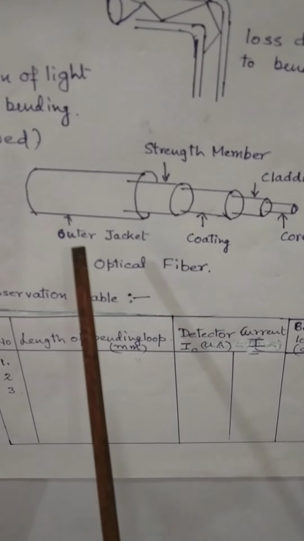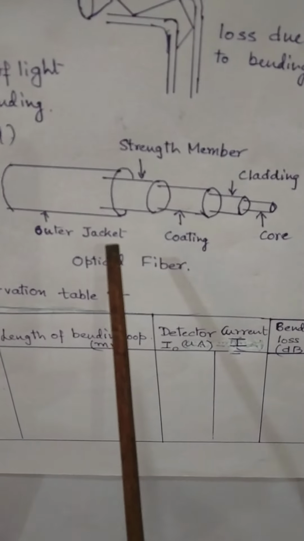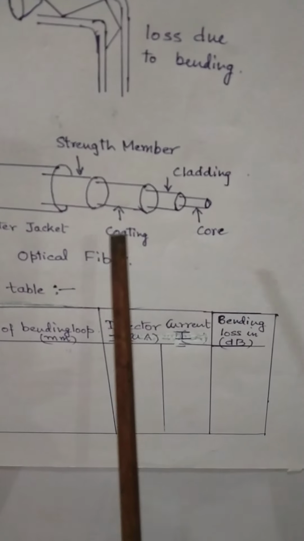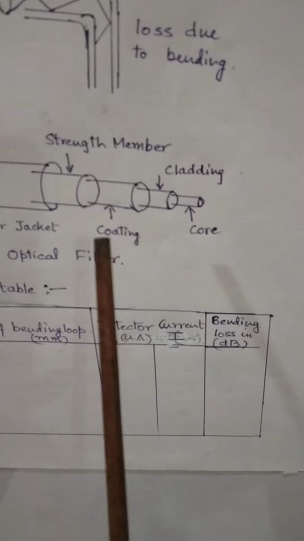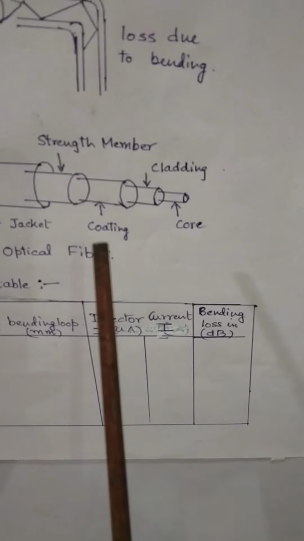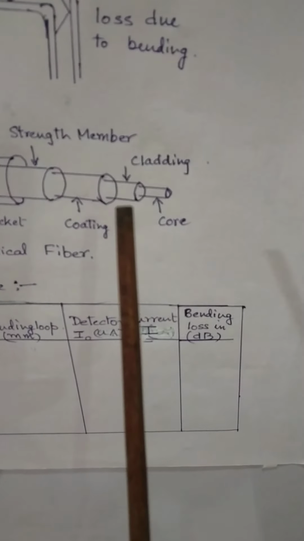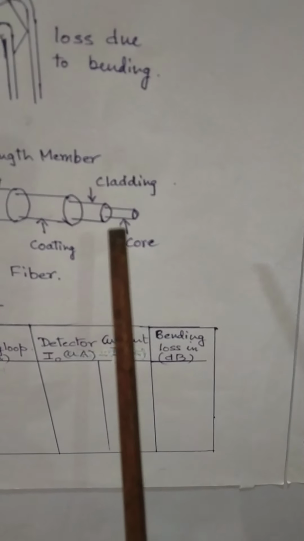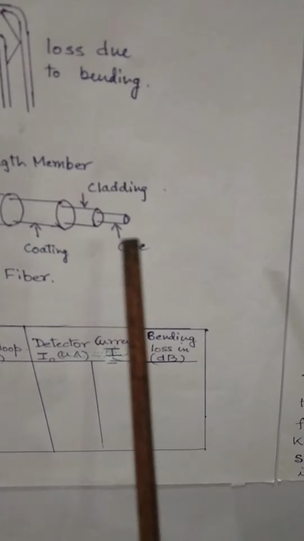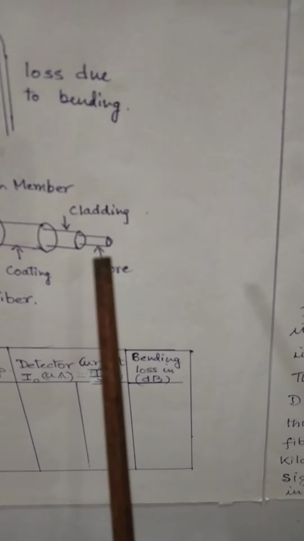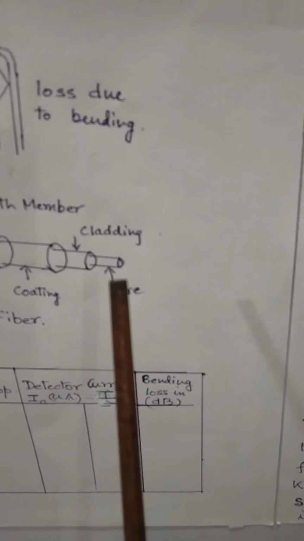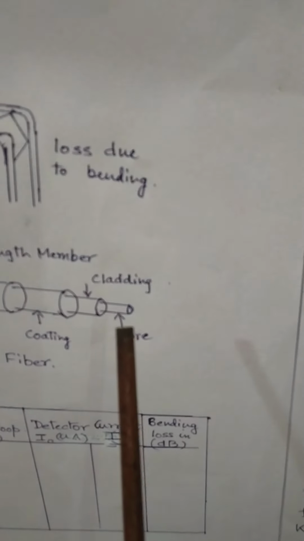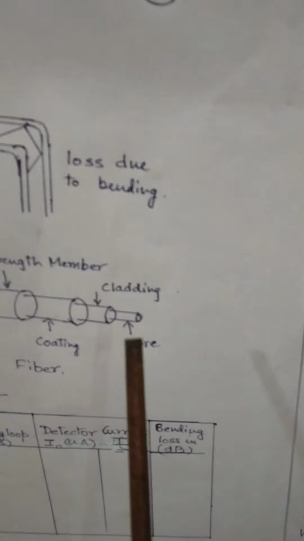The uppermost coating is the outer jacket, the next coating is the strength membrane, the third coating is known as the coating, and the fourth one is the cladding. Inside it, in the core, the optical fiber is situated, which is of the size of a hair, that is, its radius is in the scale of nanometers.